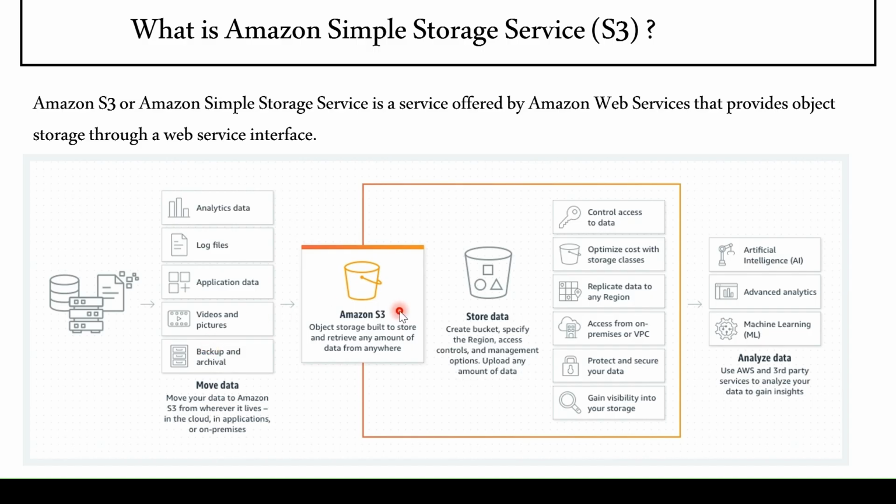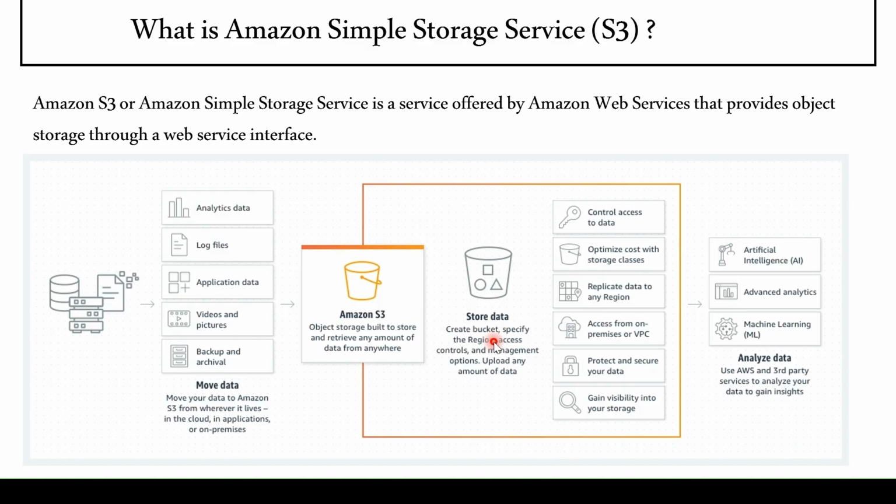So this way we are getting the data inside Amazon S3, and Amazon S3 is object storage, which means it stores the data in the form of objects. It is built to store and retrieve any amount of data from anywhere, so you can access this globally. And how does Amazon S3 store the data? It stores the data in the form of buckets.